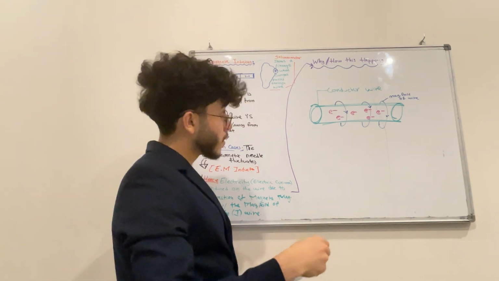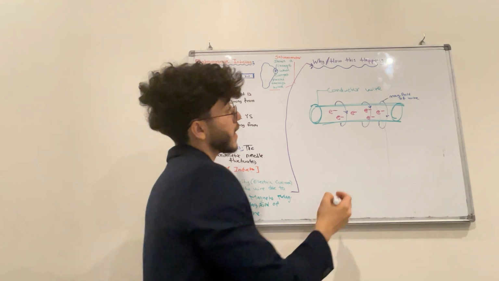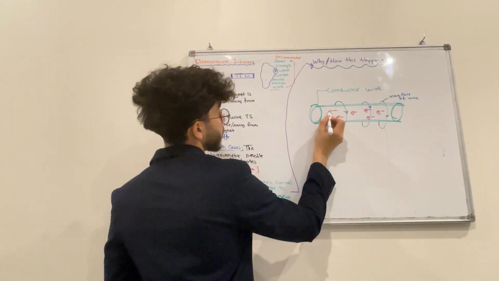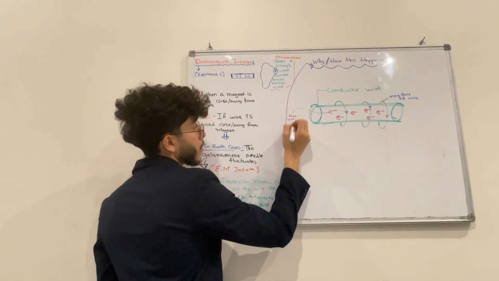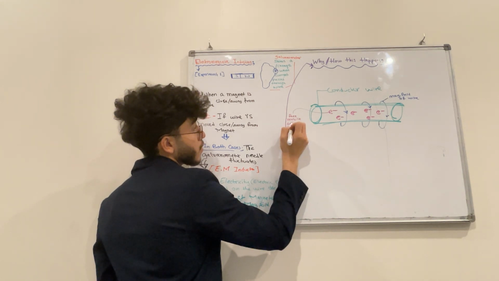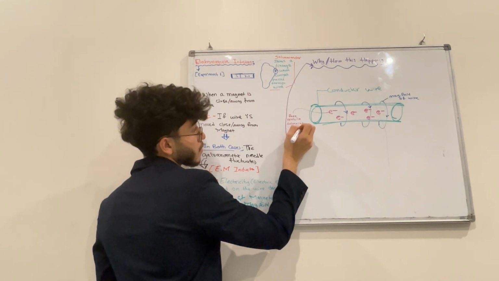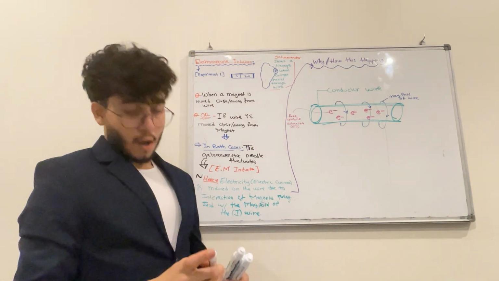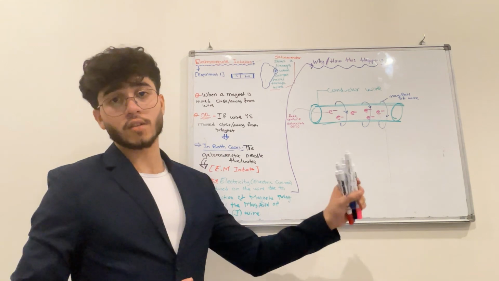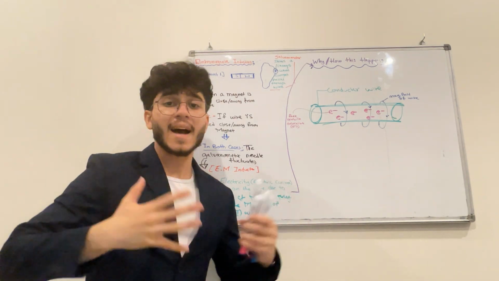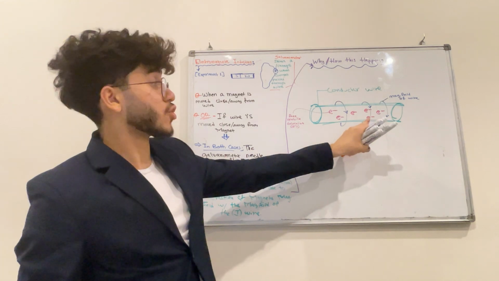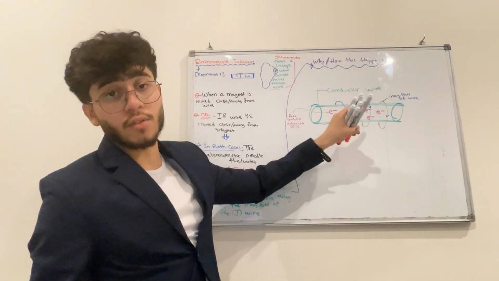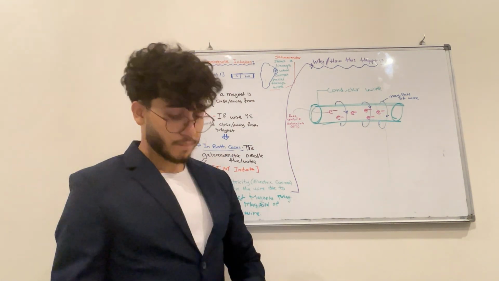And these are what? These are the free mobile delocalized electrons. Perfect. So this is the conductor wire. As we know, we have the free mobile delocalized electrons to carry current and charge. We have a magnetic field around the wire, and we have a conductor wire.